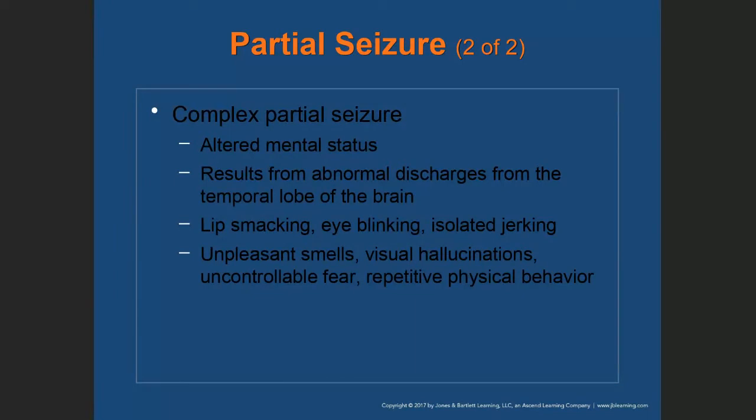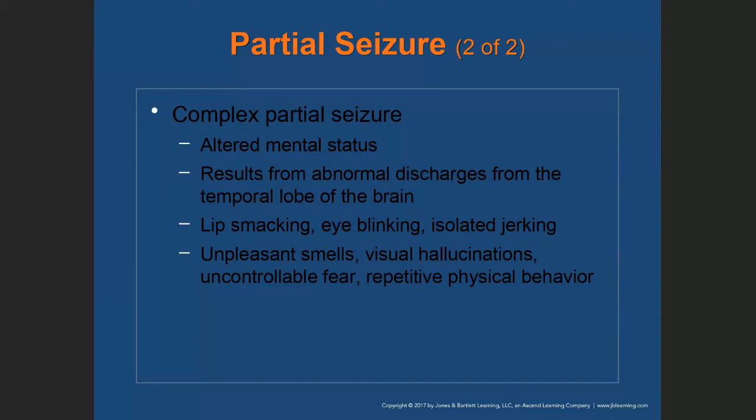So complex partial seizures cause altered mental status, result from abnormal discharge from the temporal lobe of the brain. You'll see lip smacking, eye blinking, isolated jerking. Patient can complain of or verbalize unpleasant smell. They can have visual hallucination, uncontrollable fear. They can display repetitive physical behavior. That's partial.